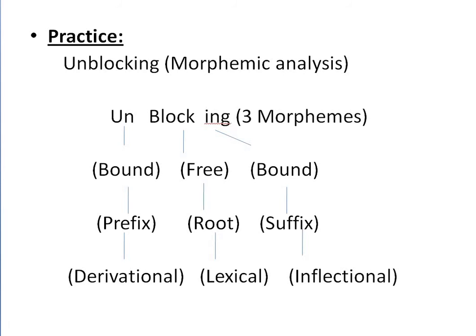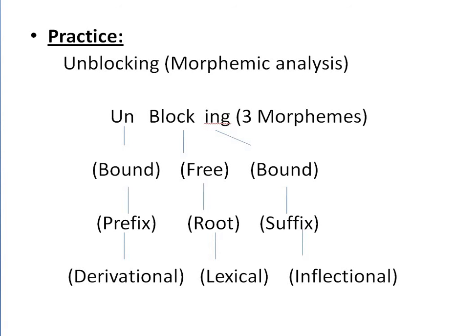Un is an attachment at the beginning, so it is a prefix. Ing is a suffix, an attachment at the end. And block is the root, or we can say the stem, or the base. So this is how we have done the morphemic analysis of the word unblocking.